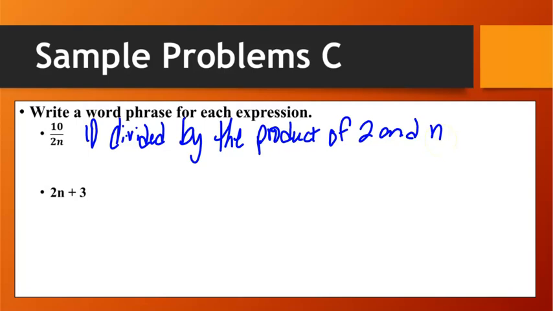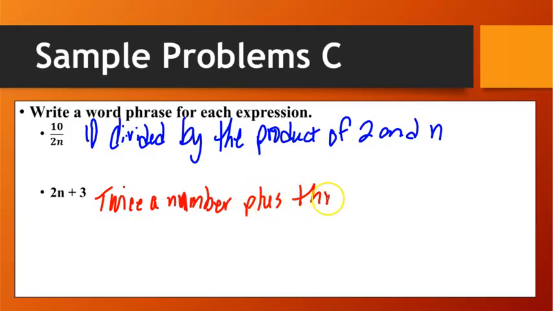And this last one, twice a number plus 3. Now you could also have said the sum of twice a number and 3. That would also work. That is our lesson on mathematical expressions.